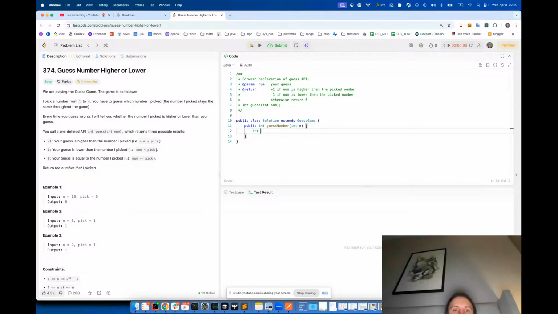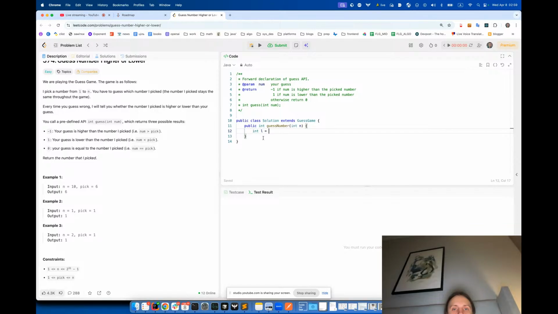Okay, so let's create our l, because here we can pick n from 1, so it would be 0, and right, it would be n. Right, n is already okay for us.